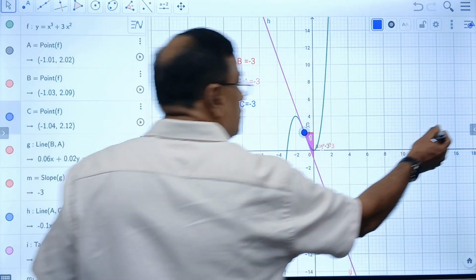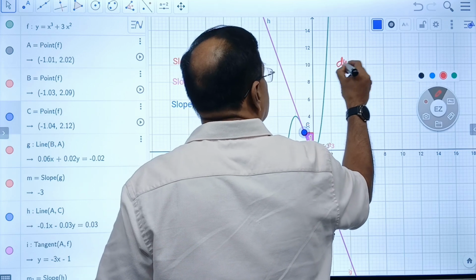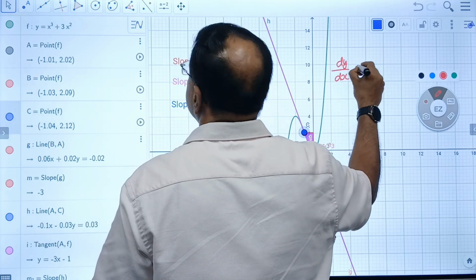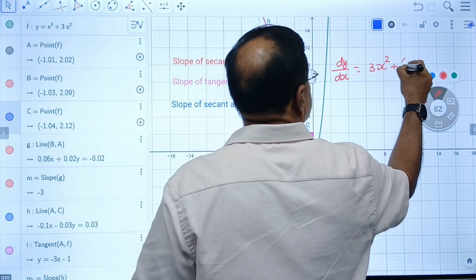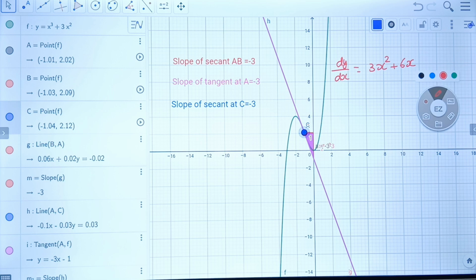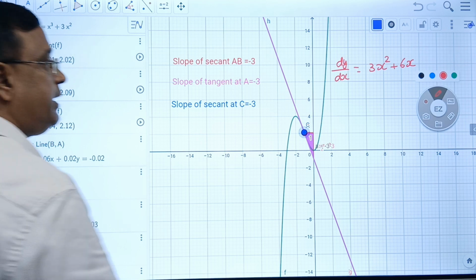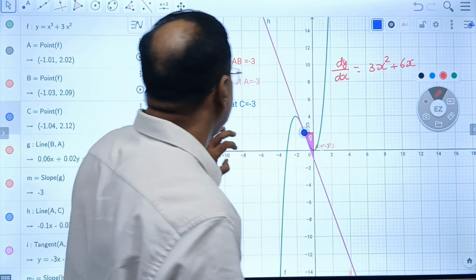Now, if you want to verify it, you can always do it. Now, what is dy by dx? Dy by dx is 3x square plus 6x. And I want to find the slope of the tangent at x is equal to, I think the point should have been different.